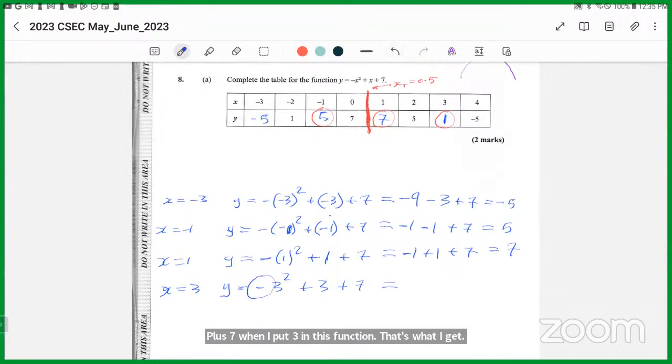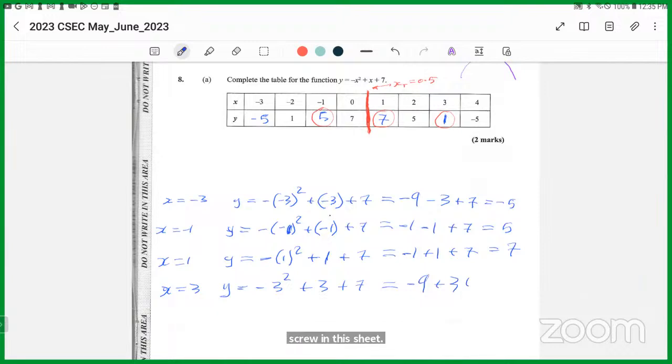Remember, this negative is not squared, you only square the 3. So you get negative 9 plus 3 plus 7. This 3 and this 7 is 10, and 10 minus 9 is 1. So this works out to be 1, the same 1 that I have there. That proves the table, basically.